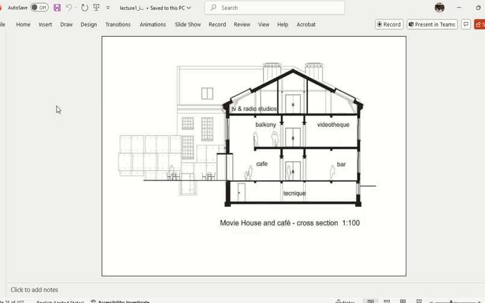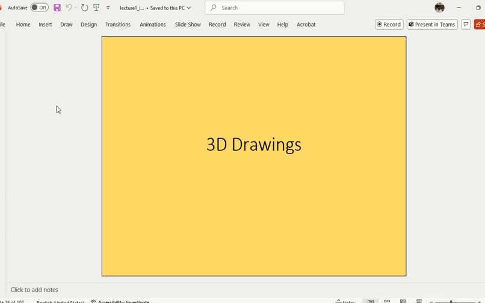Yes. Okay. Which view is this? Elevation or section? Section? Why? You see inside. You see inside, right? There are some people inside and so on and so forth. Okay, so that's why it's a section.